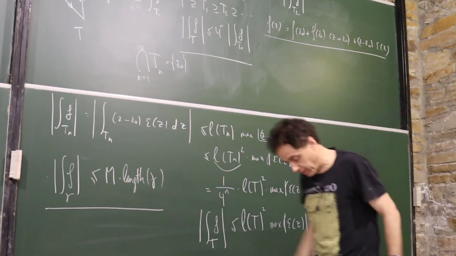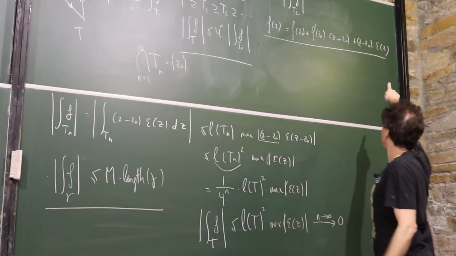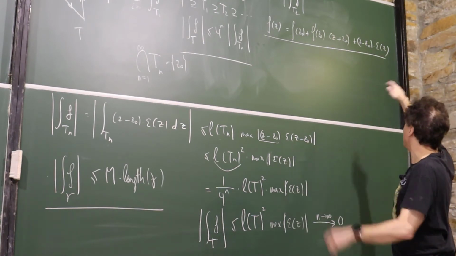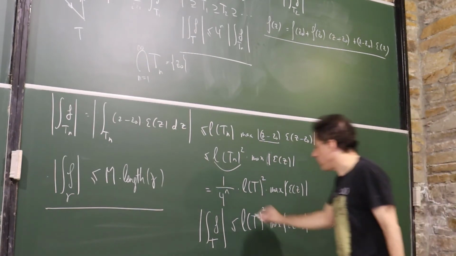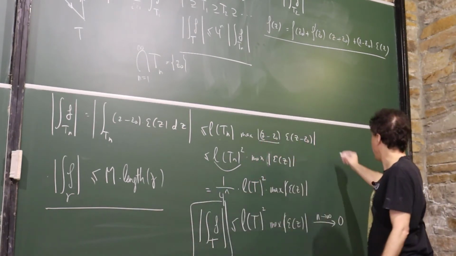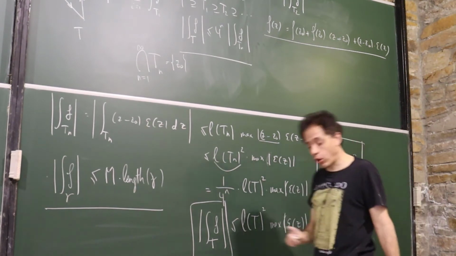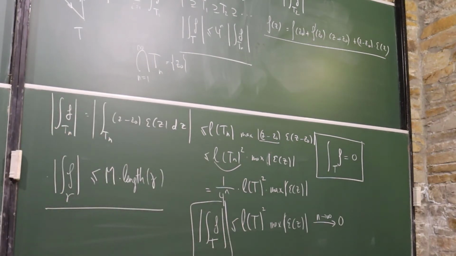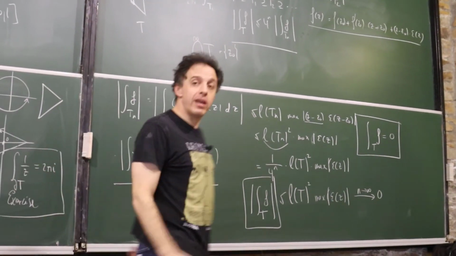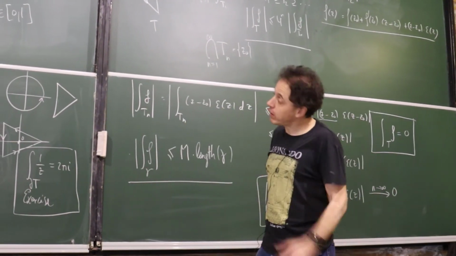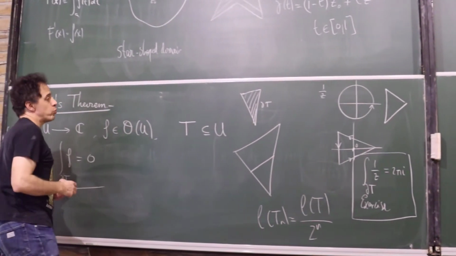Because of the definition of holomorphy, the properties of epsilon z, this is bounded and tends to 0, so this maximum here tends to 0. So I have shown from here that this integral must be 0 necessarily. So the integral of any holomorphic function along any triangle completely contained in the domain is necessarily 0. Okay, this is Goursat's theorem, at least a sketch of the proof of Goursat's theorem.